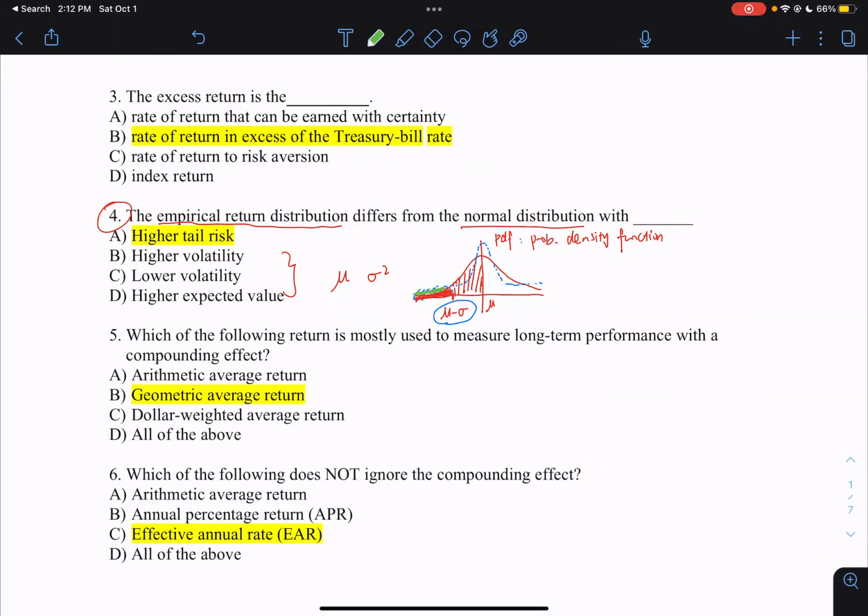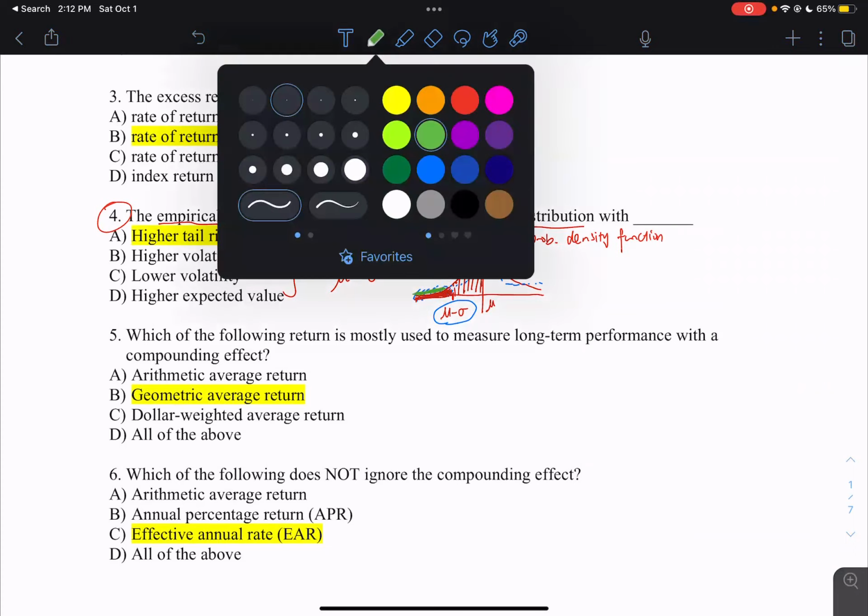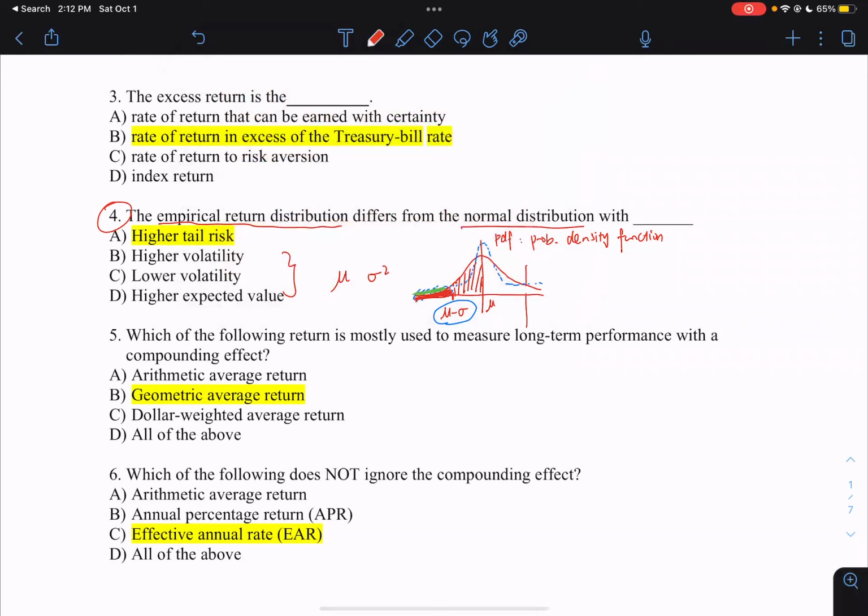And the same thing applies to the right-hand side. Say this is mu plus 1 standard deviation.